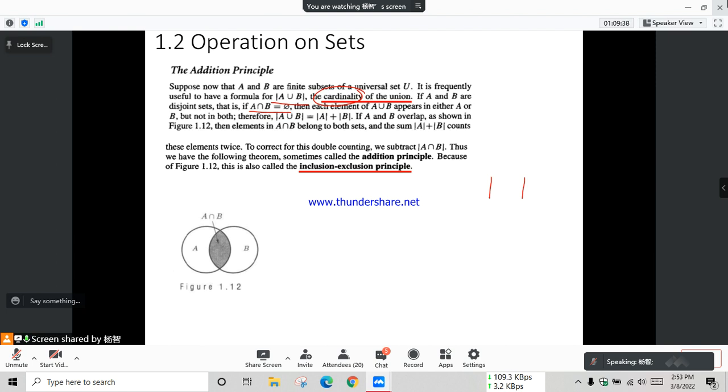Then each element of A union B appears in either A or B, but not in both, because the intersection of A and B is empty. So the cardinality of the union of A and B is equal to the cardinality of A plus the cardinality of B.